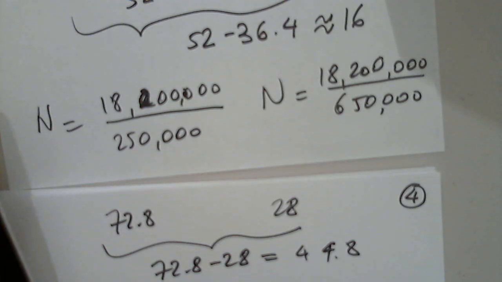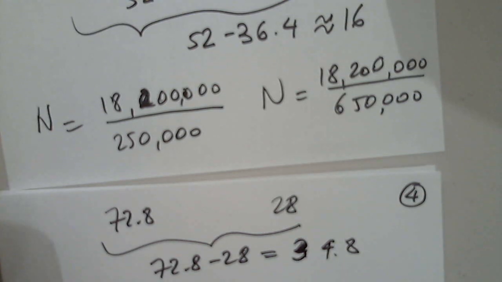Okay, what did you get? What was it? Why did they, what do they say? Where is my button here? 250 and 650. They say approximately 34.